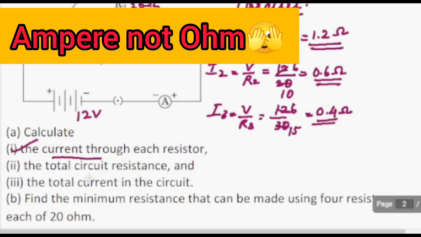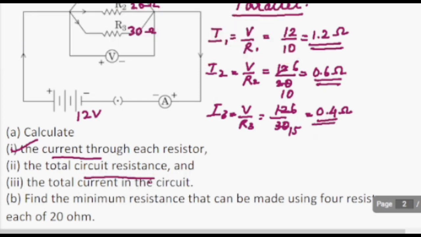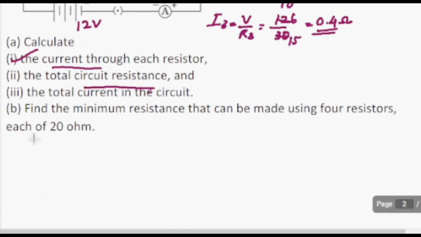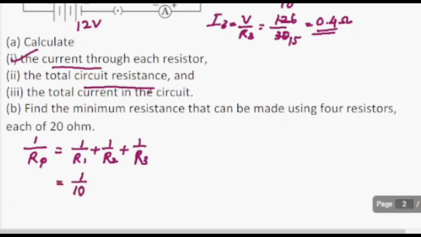Now the total resistance in the circuit we have to find out. Since it is parallel, the effective resistance will be 1 by RP equals 1 by R1 plus 1 by R2 plus 1 by R3. That is equivalent to 1 by 10 plus 1 by 20 plus 1 by 30. If you take the LCM, it is 60.